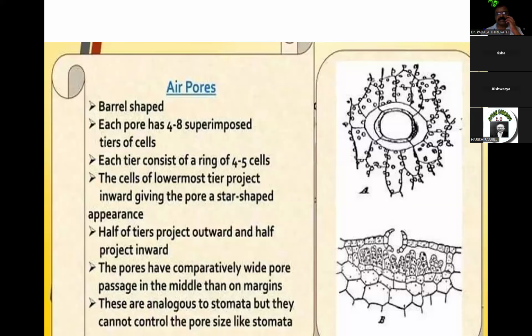Photosynthetic region on top, and the lower one will be the storage region. About the pores, pores have a comparatively wide pore passage in the middle than at the margins. Toward the margin side on the upper side of the thallus, fewer pores are present, whereas at the middle, comparatively more pores are present.